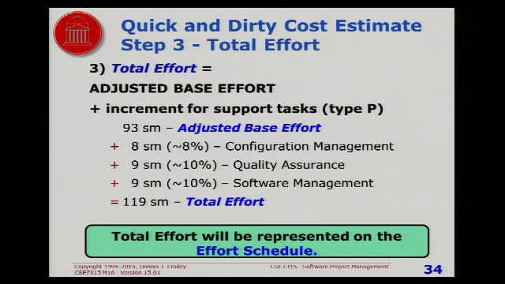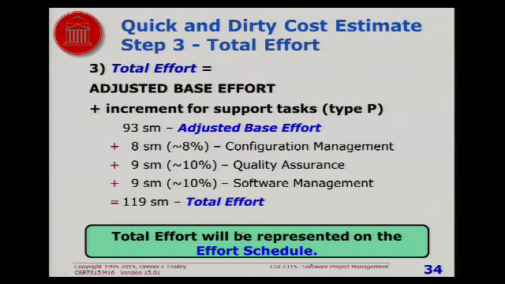Step 3 is called the total effort, which is the adjusted base effort plus all of the support tasks. And again, in this example, you're saying roughly 8% of this number is what I need for configuration management, and 10% for quality assurance, and 10% for management, and therefore it adds up to this.